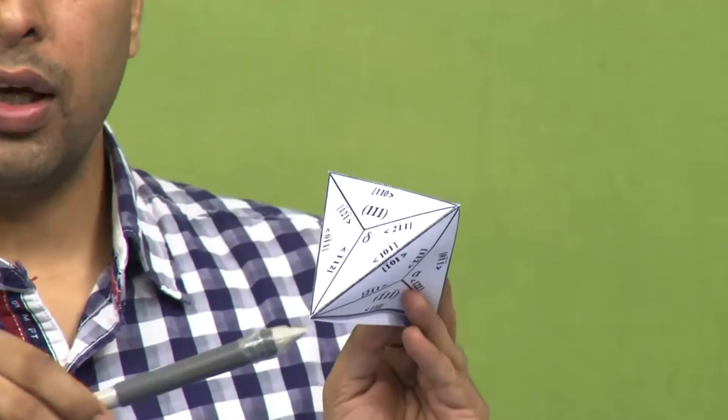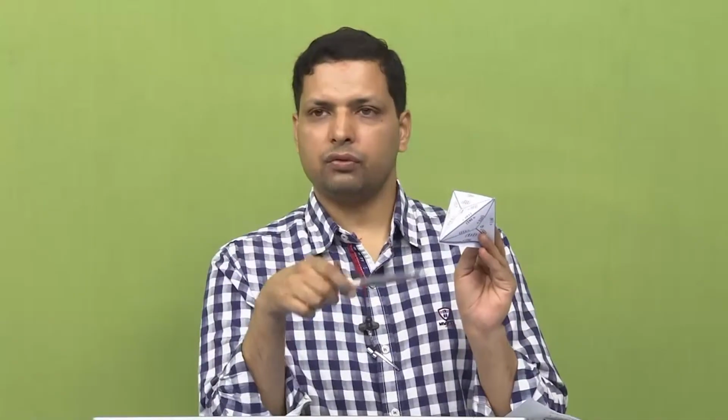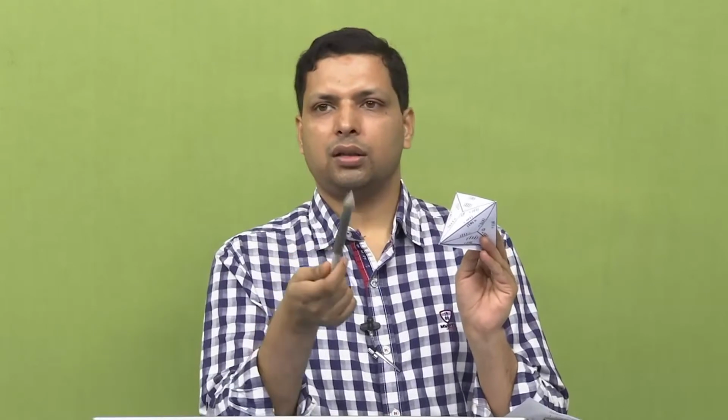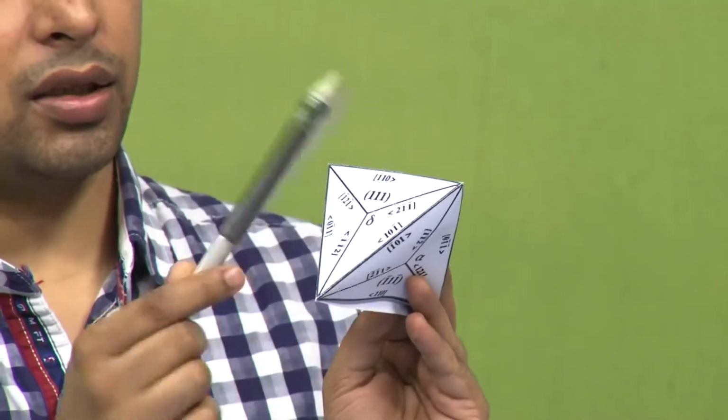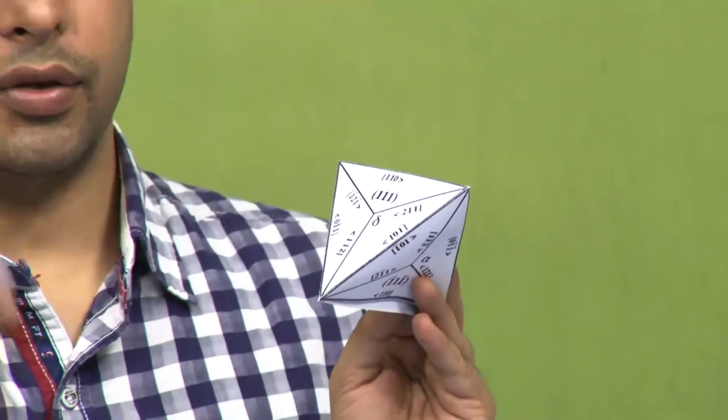So, it is also giving us the possible directions for the pure edge dislocation. Similarly, the screw dislocation has to be parallel to the Burgers vectors. So, the screw dislocations will be oriented either like this or like this.